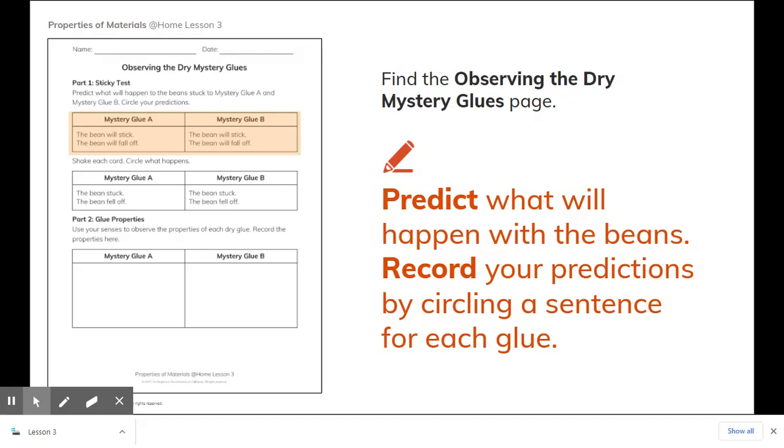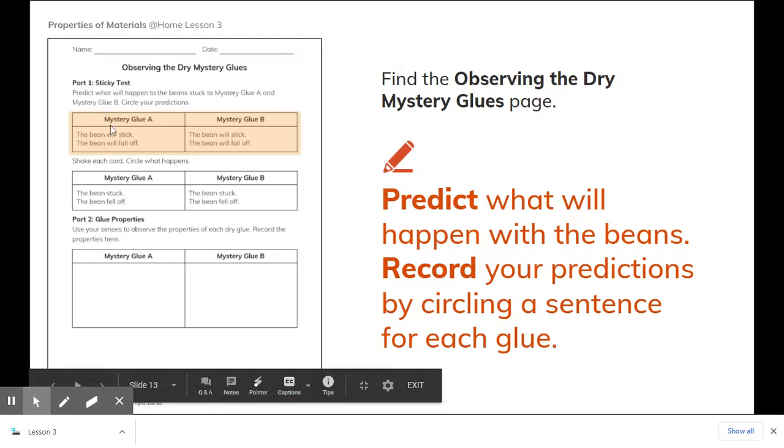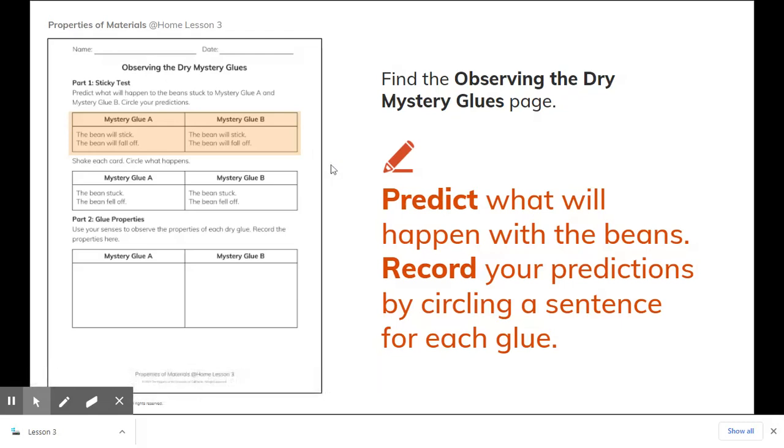So before the cards are dry, we are going to predict. We are going to say what we think will happen with the beans, with mystery glue A on the left side and mystery glue B on the right side. You are going to record your prediction by circling a sentence for each of the glues.